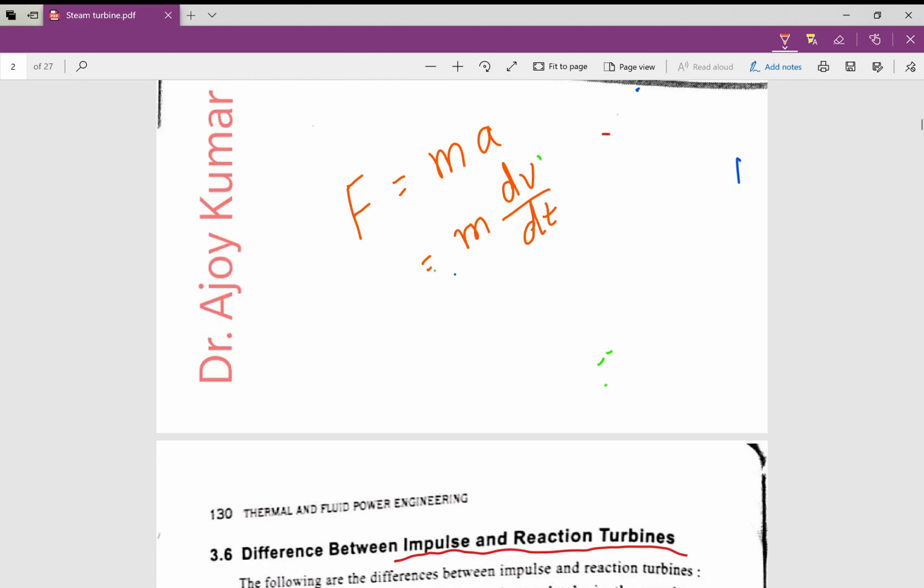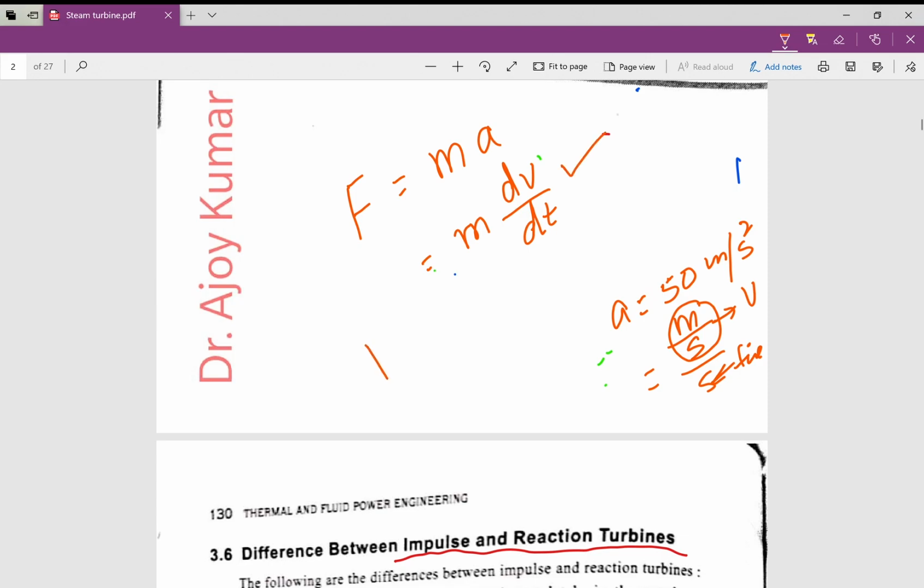Let us say acceleration unit, what we write, let us say 50 meter per second square. Can we write it as meter per second divided by second? So this meter per second is your velocity and this is your time, and henceforth we can write dv upon dt.